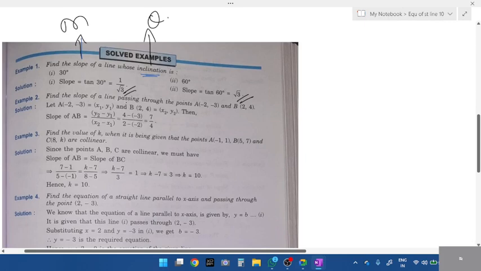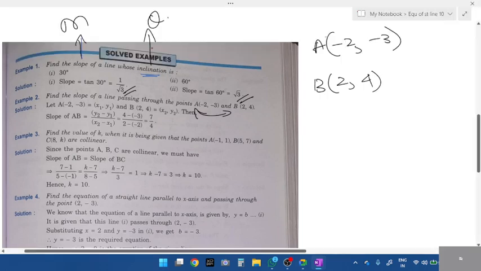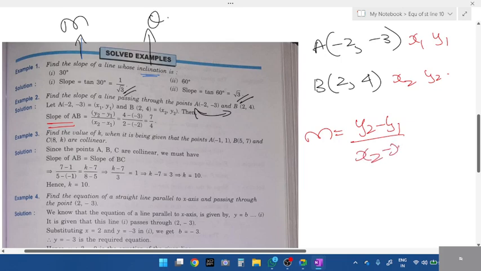Find the slope of a line. Is the theta value given or 2 points? What do you have, students? Theta or 2 points? 2 points. So take the first point as X1, Y1 and the second point as X2, Y2. What is the slope formula? Slope of AB, or I'll just use M. M is equal to what? Y2 minus Y1 divided by X2 minus X1.